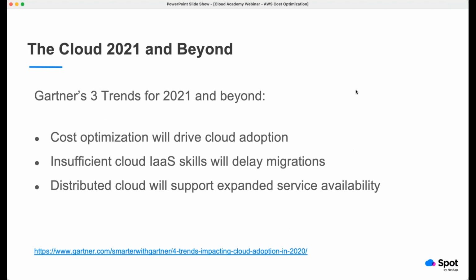So just to back it up with a little bit of context, talking about the cloud in 2021 and beyond, Gartner's also recognized 3 of the top trends in the cloud market. So cost optimization is driving cloud adoption. So we've heard this old story before, moving from data center to cloud and optimizing once you get in the cloud, but cost optimization in the cloud is driving adoption.